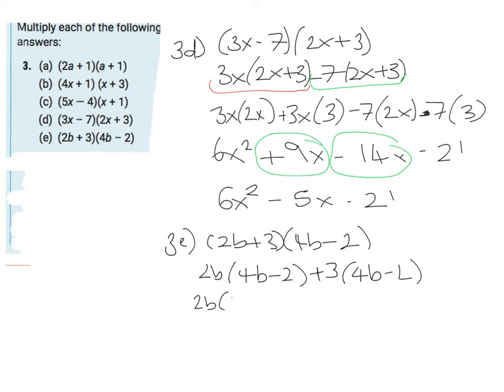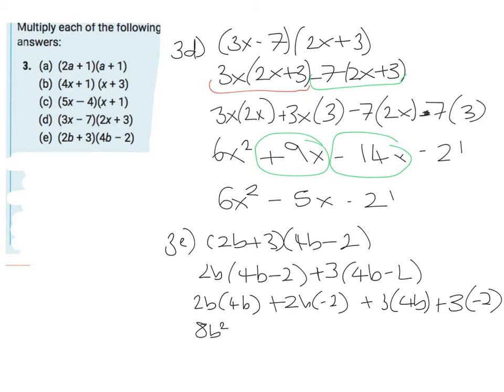Two b is multiplied by 4b, and 2b is multiplied by minus 2. 3 is multiplied by 4b, and plus 3 is multiplied by minus 2. 8b squared minus 4b plus 12b minus 6. Collect these two terms together, and our answer is 8b squared plus 8b minus 6.